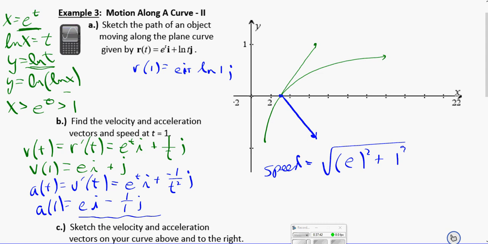Take the square root, and we get the square root of e squared plus 1 squared. As a decimal, does anybody have that handy? 2.896. 2.896 is the speed at 1.